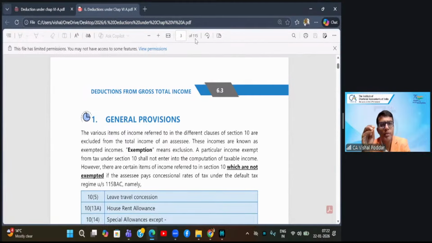Very rarely, you'll have a very specific question only talking about deduction. This is also possible, but very rare. So one deduction question is part of the comprehensive sum, where while solving, you are given details of different heads. Similarly, you are given details of different deductions, which you have to subtract. Two, wherever you are solving a salary related sum.